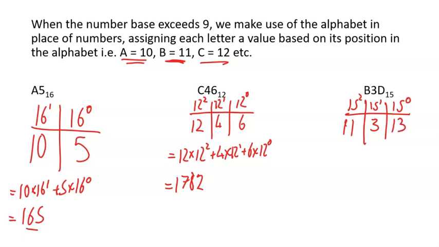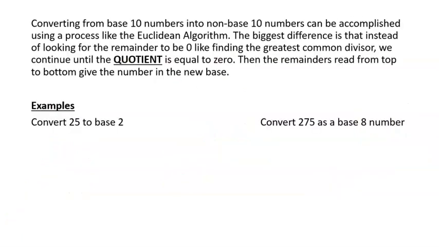So using this information, I can say, fine, in the base 10 system, it's going to be 11 times 15 squared, plus 3 times 15 to the power of 1, plus 13 times 15 to the power of 0. So I'm going to get the joy of calculating all of that, and when I do, I end up getting the value 2,533. So that's me converted that number into the base 10 number system.